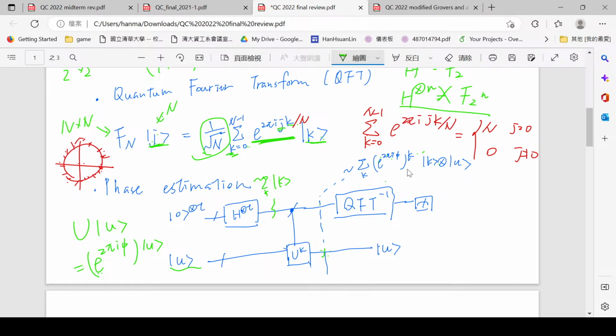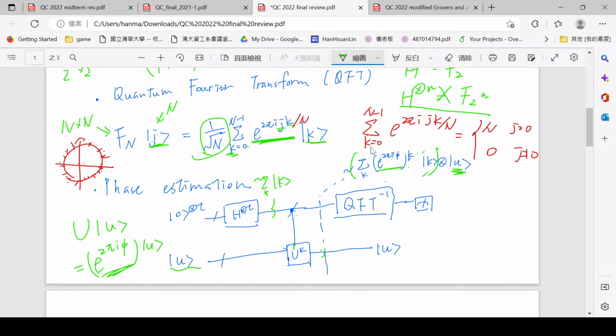So remember this e to the 2 pi i phi is this phase here, and you can see this phase is global, so you can just write the parentheses here and see the upper part as some state that gets this phase accumulated by doing this controlled operation, and you can ignore the lower part as just the eigenstate u.